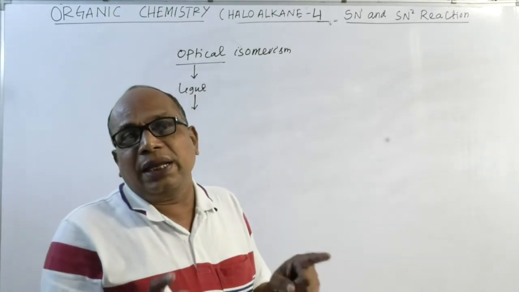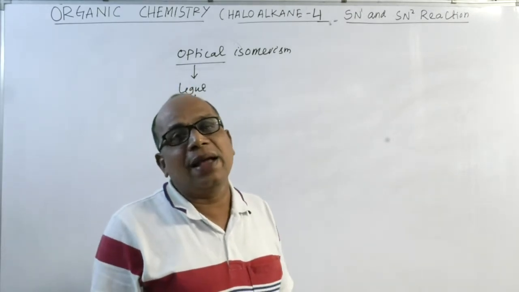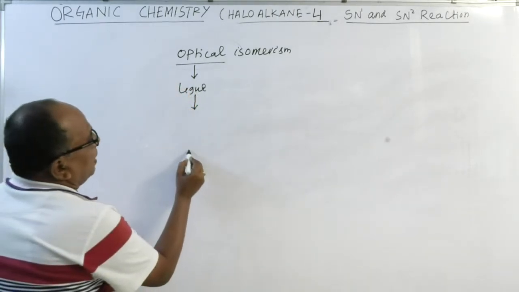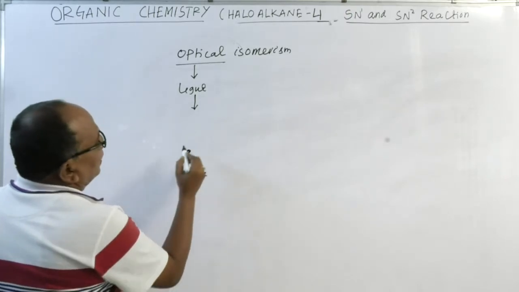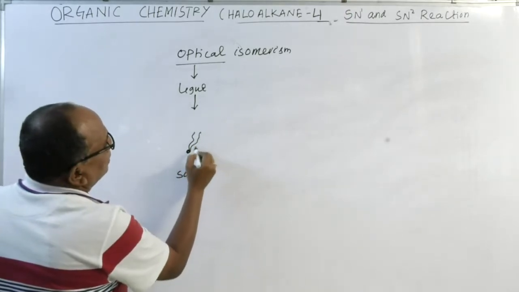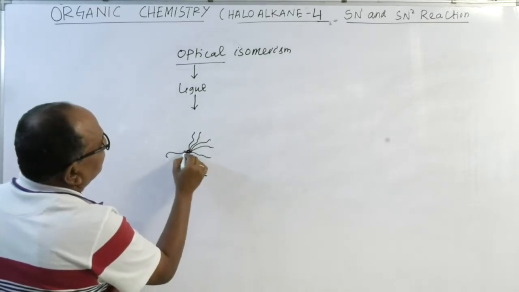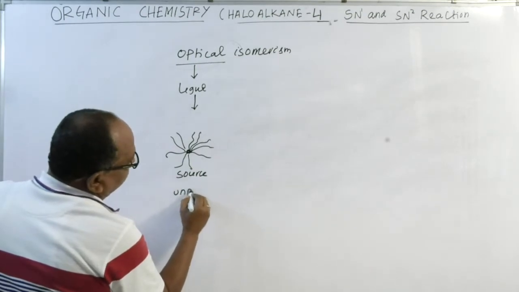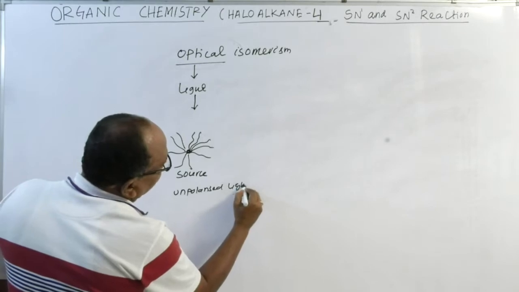That means the light consists of two fields, electrical field as well as magnetic field. From a source, the light can propagate in all directions, and this light is called unpolarized light.